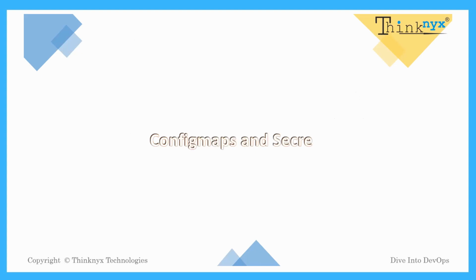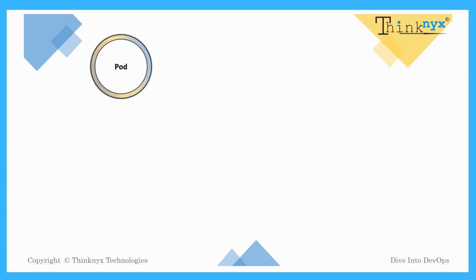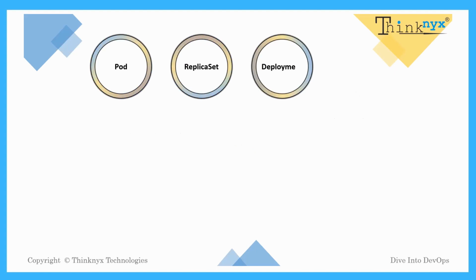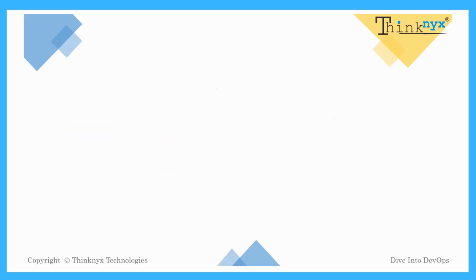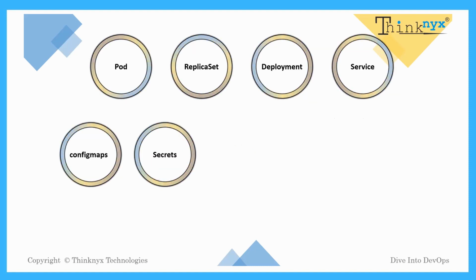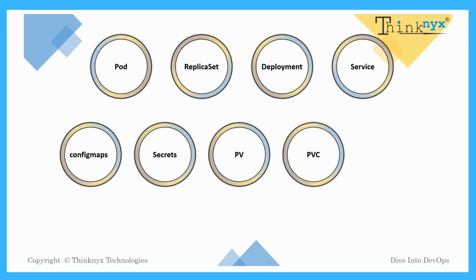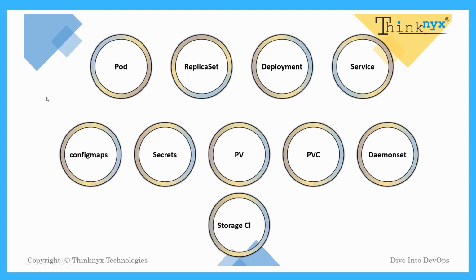Again, next. So config maps and secrets. Like I told you, we have pods, replica sets, deployments, services. Similarly, you have config maps, secrets, PV, PVC, and so on and so forth. When you talk about config maps, these are configurations. Now what I did, I created my image.